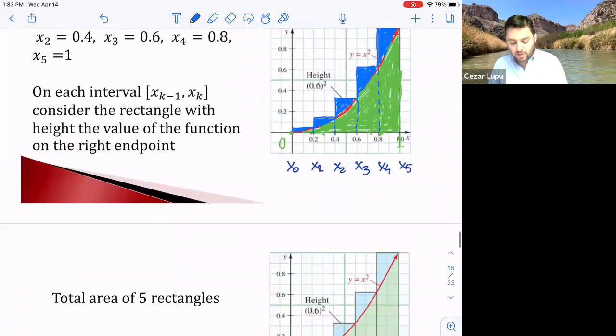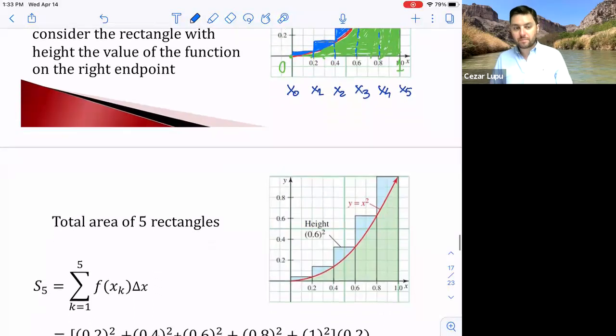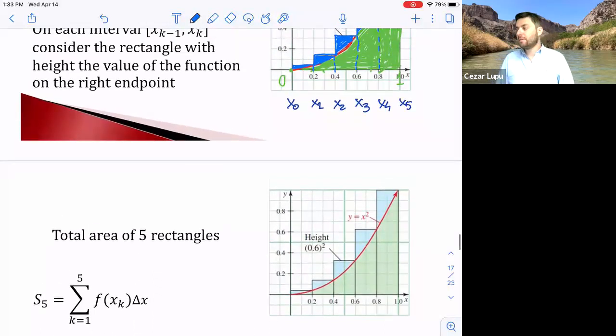Anyway, so the total area will be given by these 5 rectangles, right? So this, let's denote this by S5, will be the sum from k equals 1 to 5 of f of xk times delta x.